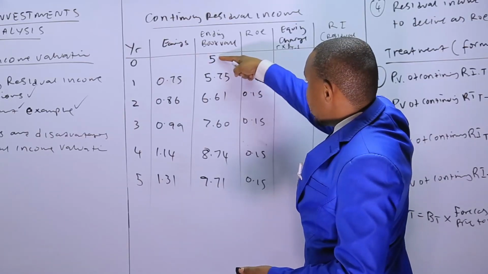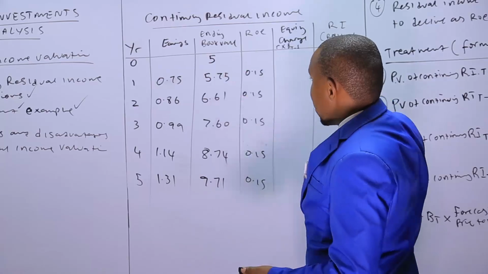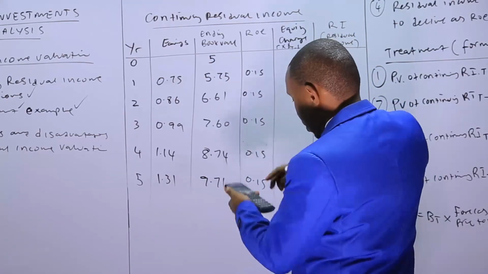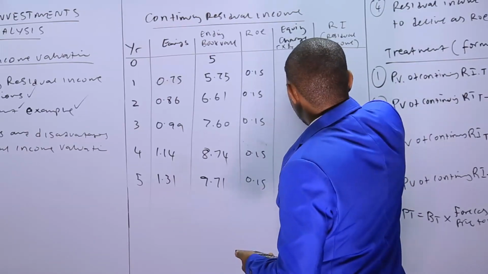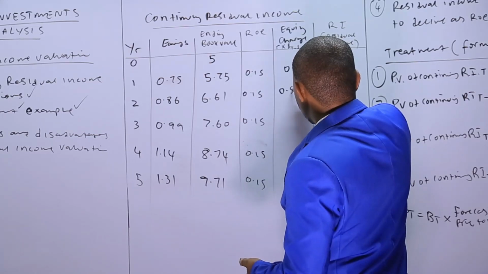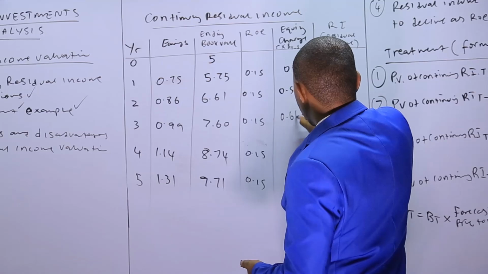This ending book value in the current year becomes the beginning book value in year 1. So we need to get 10% of 5. So 0.1 times 5 is 0.5. Then 0.575, then 0.661, like that.